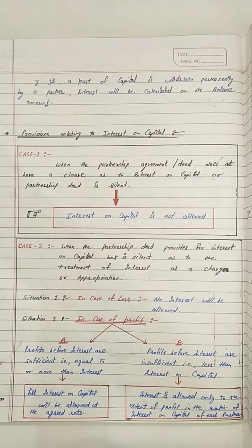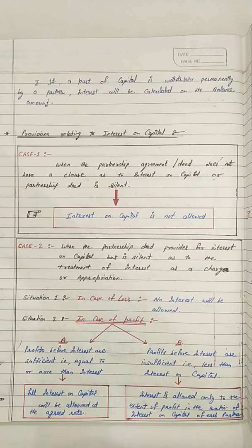In the first situation, if profit before interest is sufficient, it means profit amount is equal to the amount of interest or more than it, then full interest on capital will be allowed at the agreed rate.